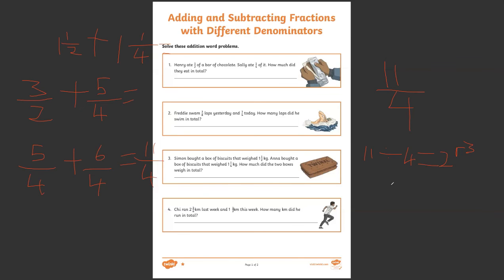So we have 2 wholes, and the remainder goes at the top of the quarter. So to change it, you divide the bottom into the top. We did 11 divided by 4, and we had 2 wholes, and the remainder goes in our fraction, so we have 2 and 3/4.